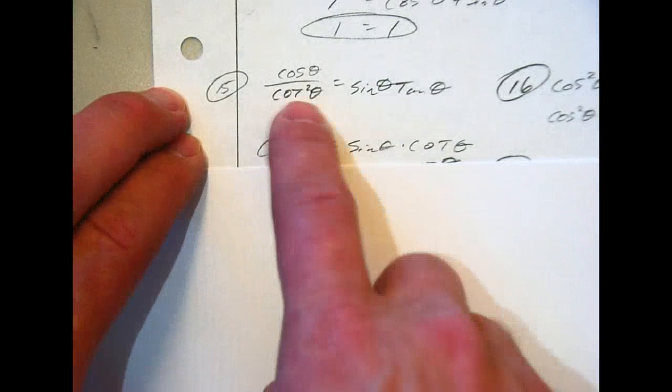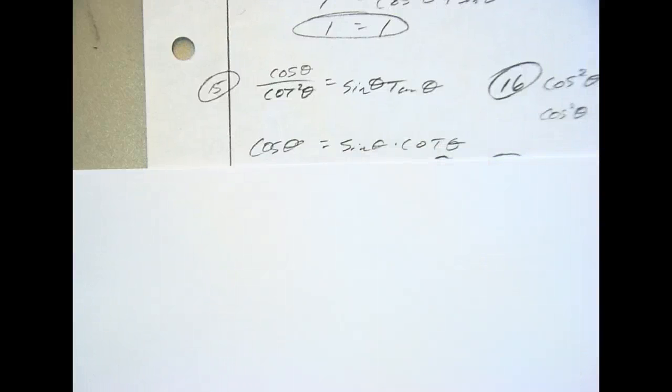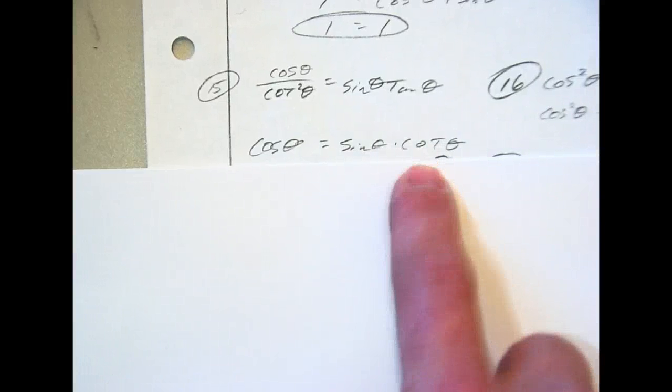What I did is I got rid of the fraction, multiplying both sides by cotangent squared theta. So I get sine times cotangent. Remember, cotangent squared theta is 1 over tan squared theta, which cancels that tan. And it leaves me with 1 over tan, which is cotangent.